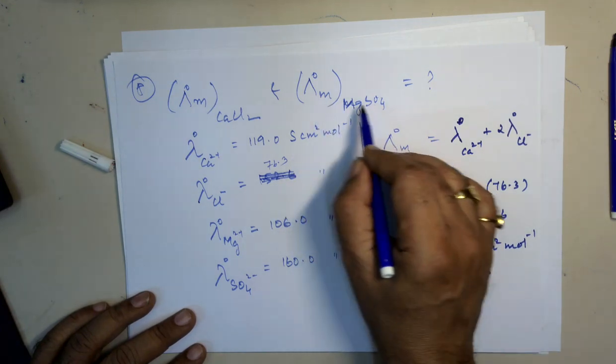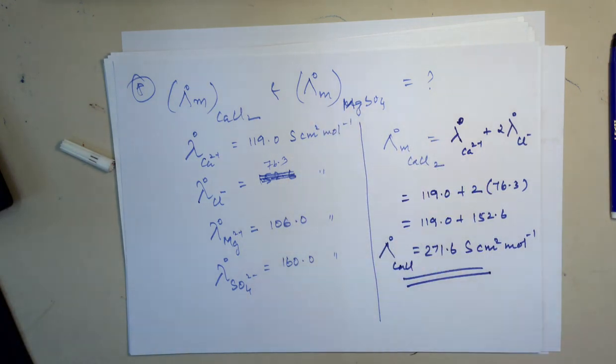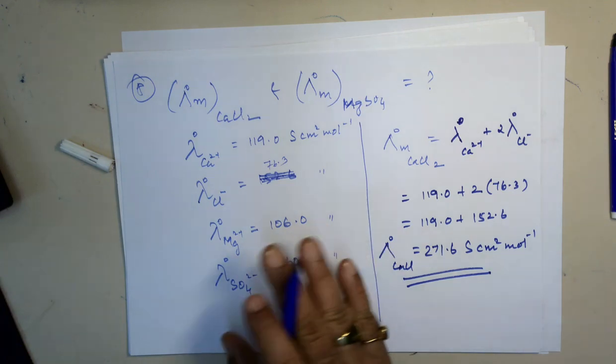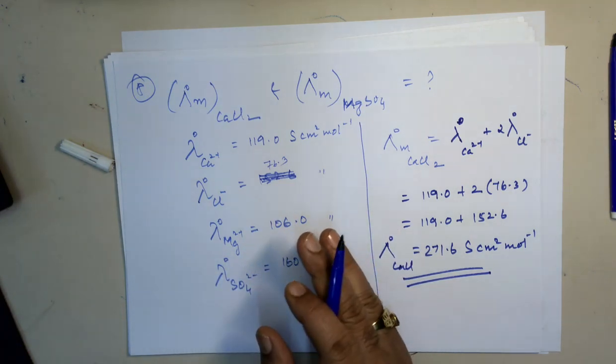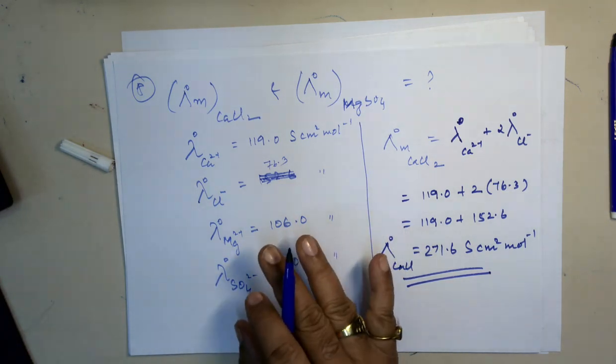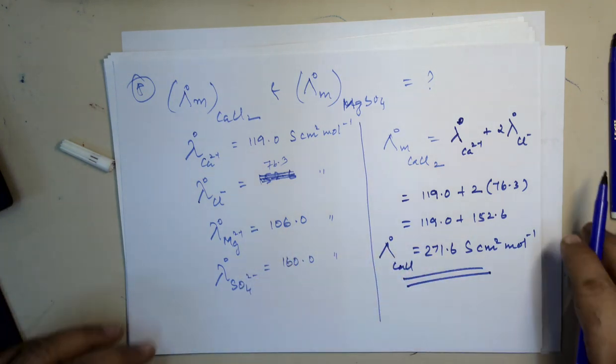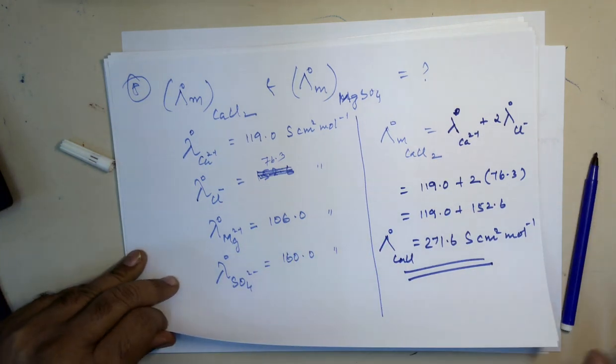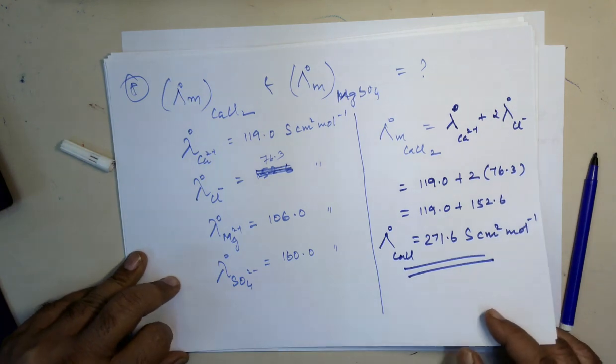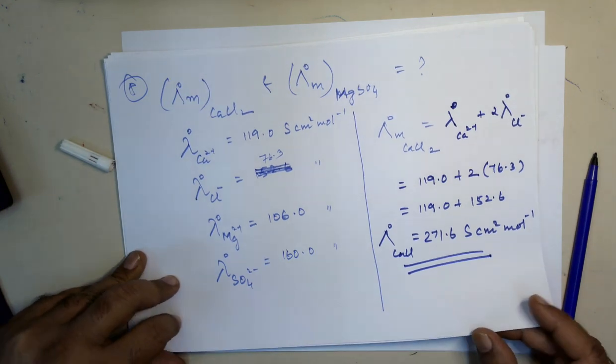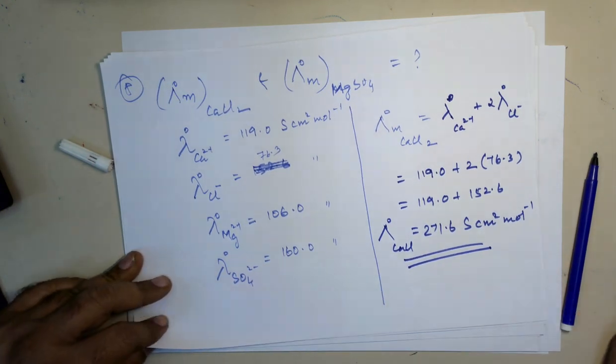Similarly, you have to find it for Mg and SO4. For MgSO4, it is a 1:1 ratio, so you can simply add the Mg value with the SO4 value. That's it. I hope you can do this very easily. So 266.